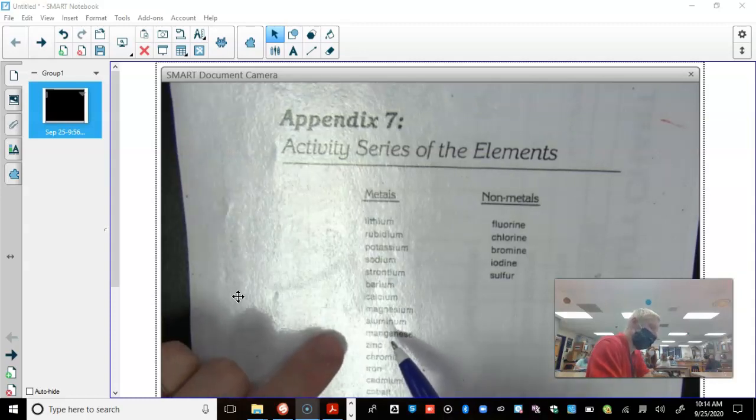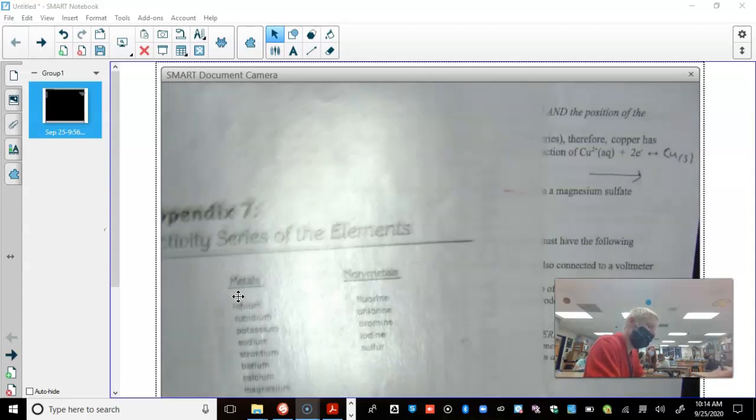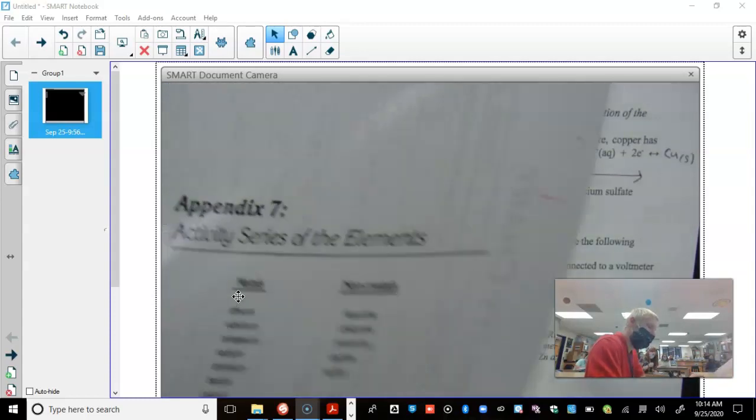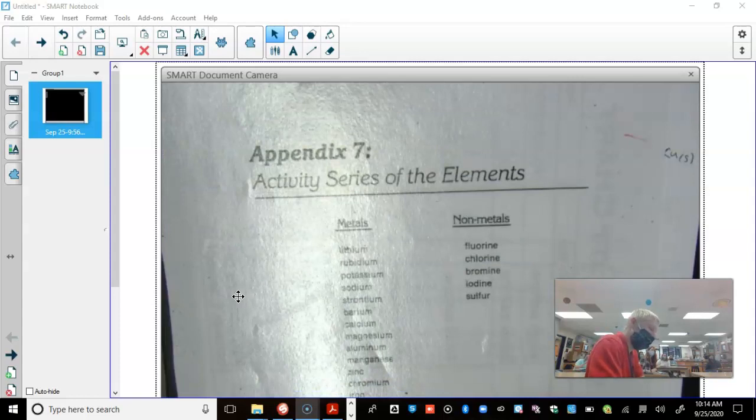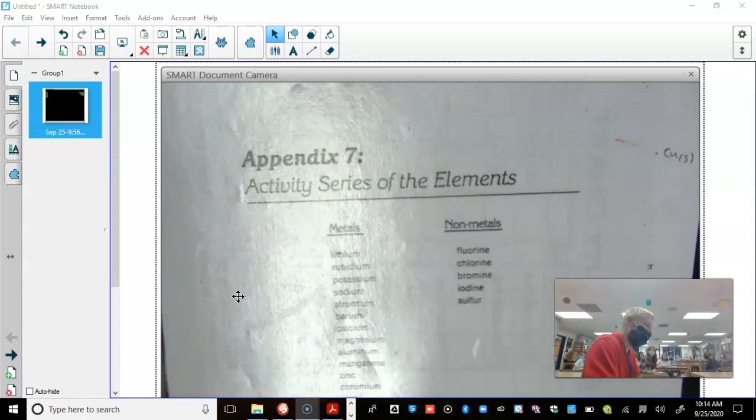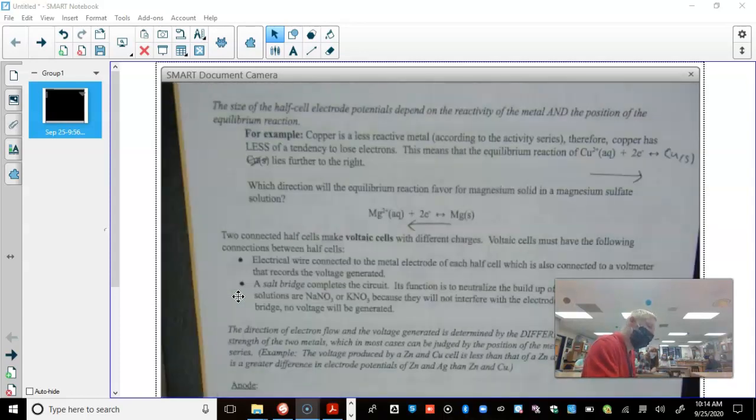So we've got somewhat of a difference, but then looking at silver and zinc, silver is further down, so there's a greater difference. So the voltage produced by a zinc and copper cell would be less because the difference between them on the activity series is smaller. Silver is much better at being reduced than copper.